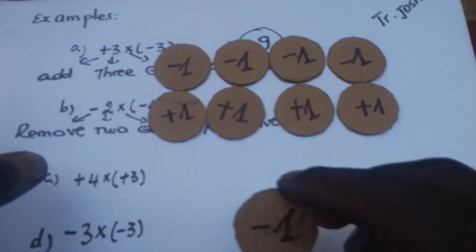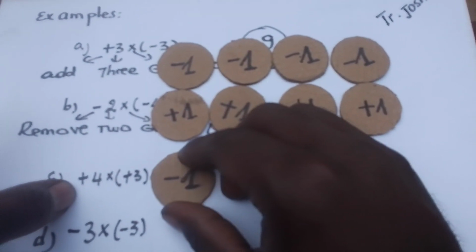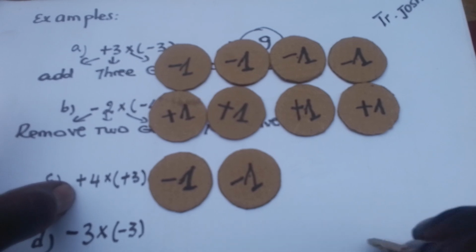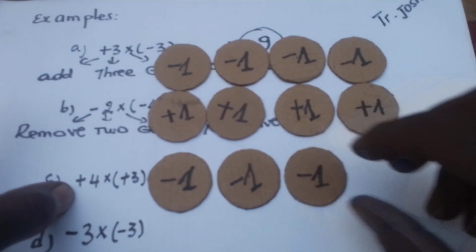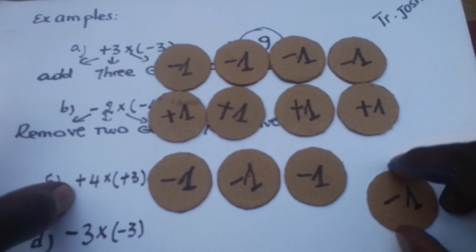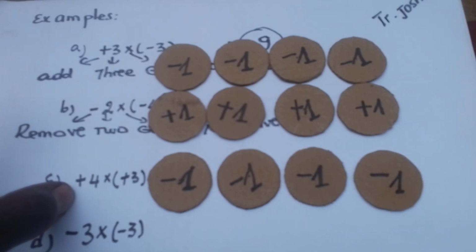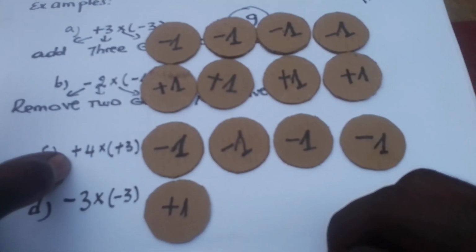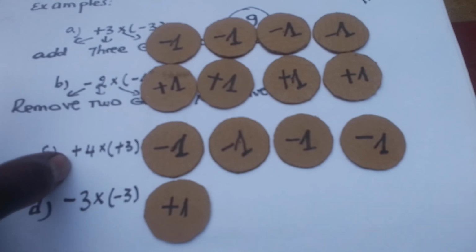I'm going to put another group of negative 4. Then I have to remove them from 0. That's why I use the 0 pairs.